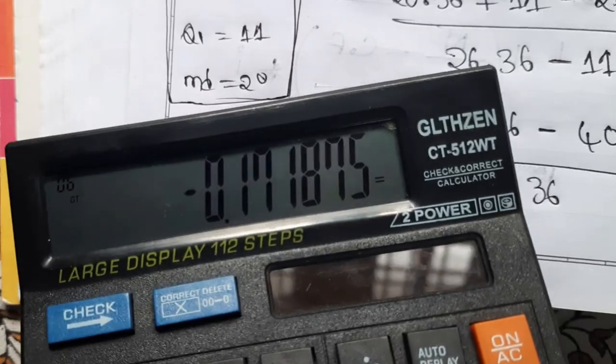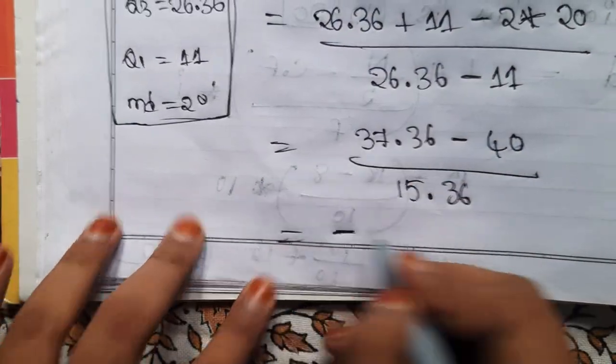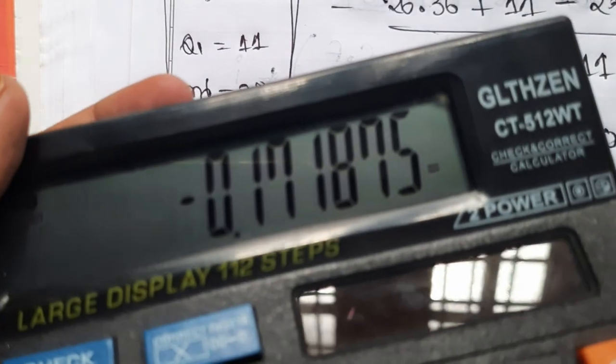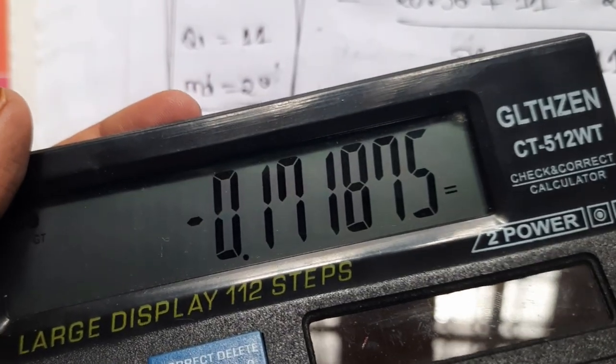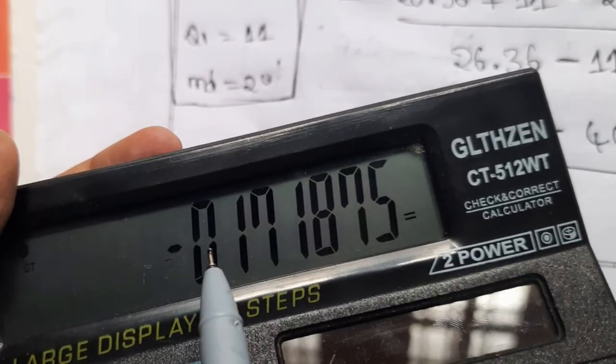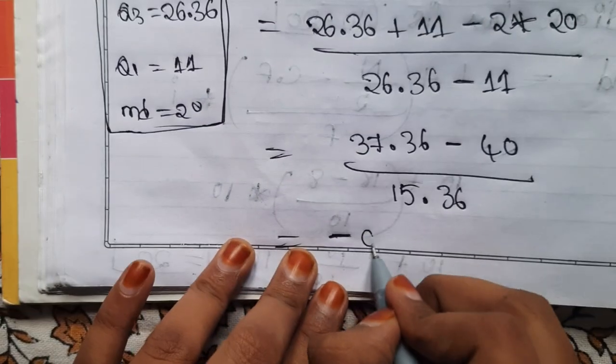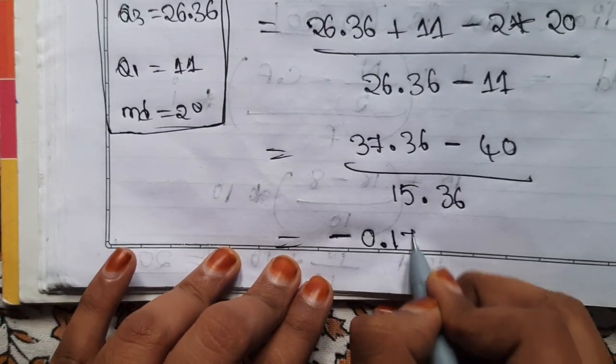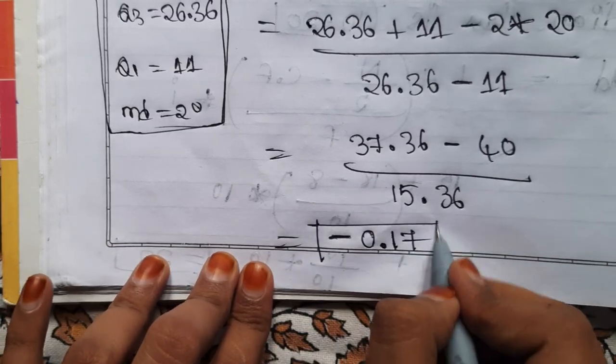How much we got? We got 0.17, it is in negative. You can see here in the calculator, it is minus 0.17. See, we got the answer in negative.